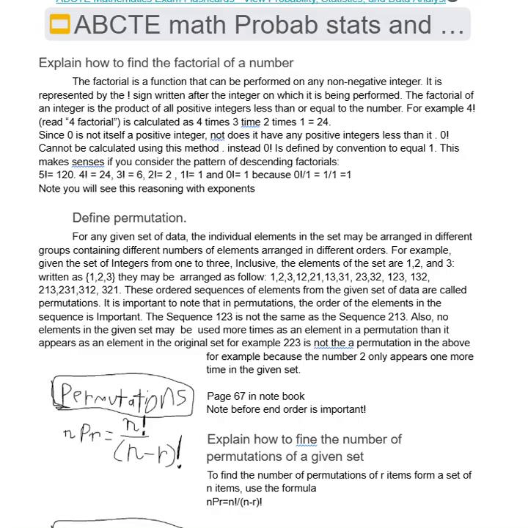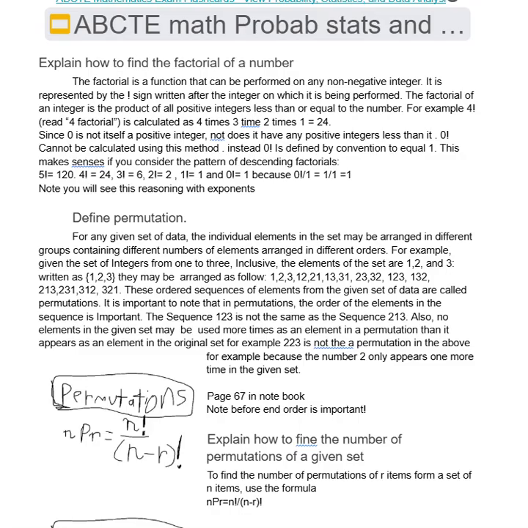Explain how to find the factorial of a number. The factorial is a function that can be performed on any non-negative integer. It is represented by the exclamation mark sign, written after the integer on which it is being performed.